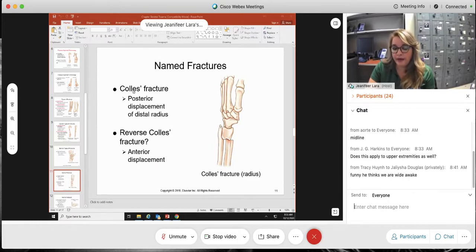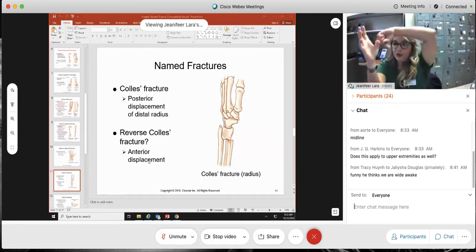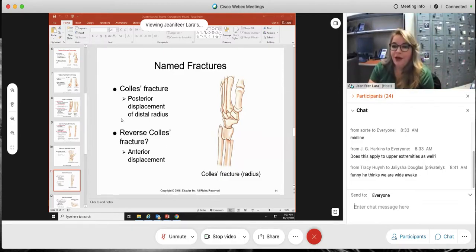So if the Colles is described as a posterior displacement of the distal radius, then what is the reverse Colles? It is anterior displacement of the distal radius. So these are specific now.